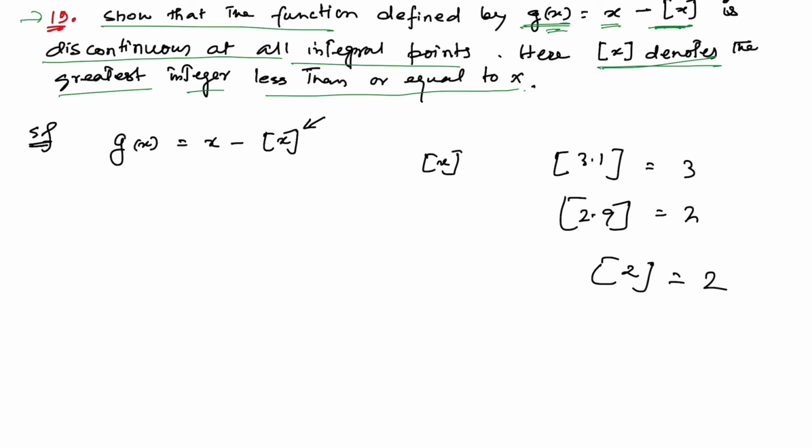So this represents something less than or equal to x. If x is an integer, then the greatest integer function of x will give x.